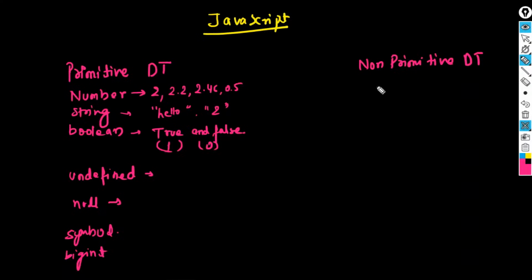Non-primitive data types are array and object. We'll come to non-primitive data types later. First, let's see how primitive data types are written.